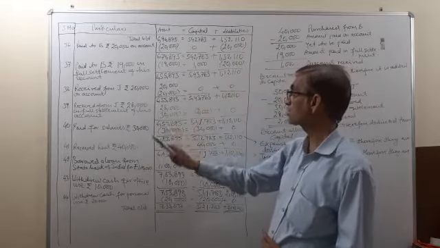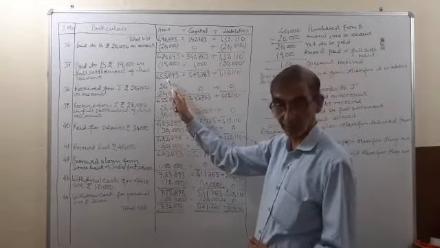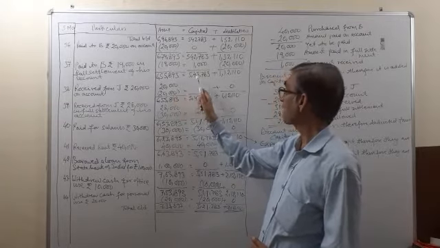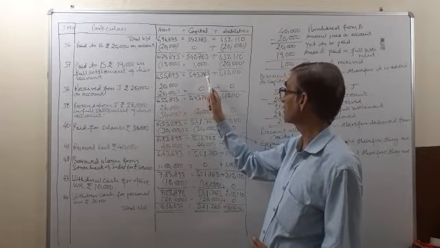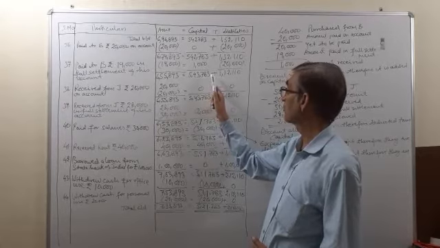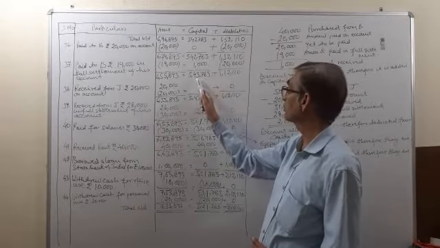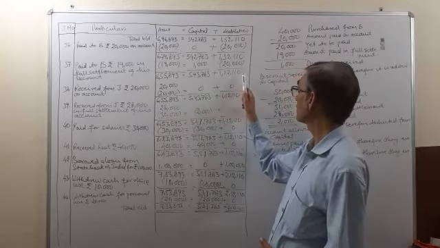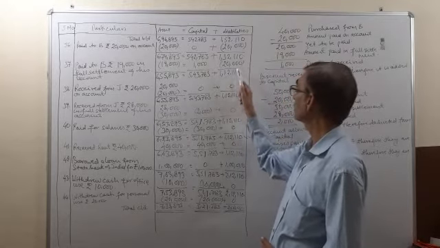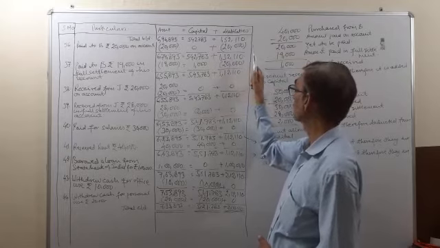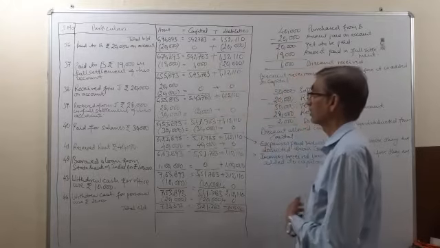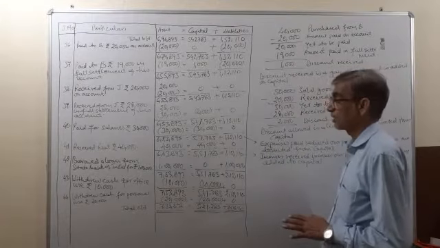Now the accounting equation is 6,55,893, 5,43,783 will be after adding 1,000 to capital, and 1,12,110 is the balance of liabilities. From 1,32,110 we will subtract 20,000 and it comes to 1,12,110.